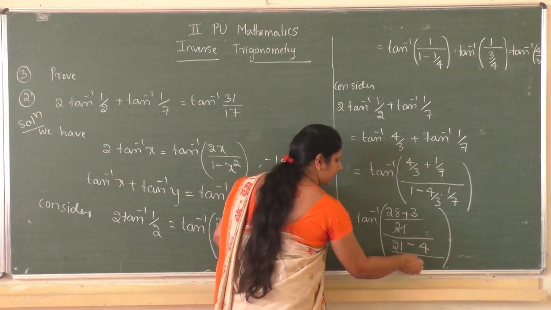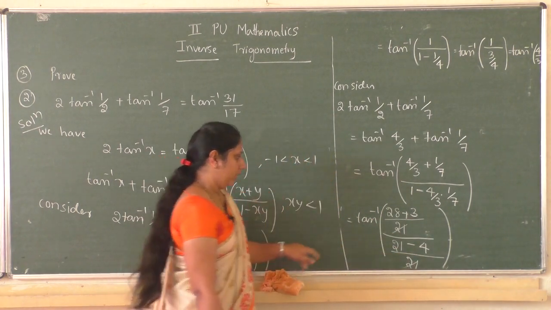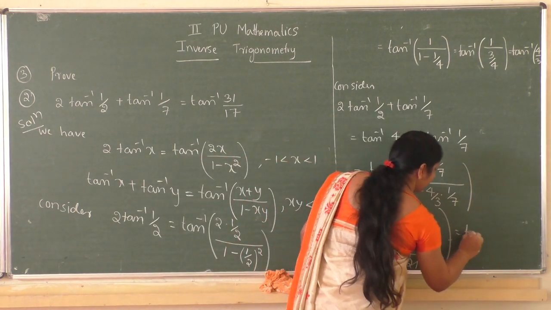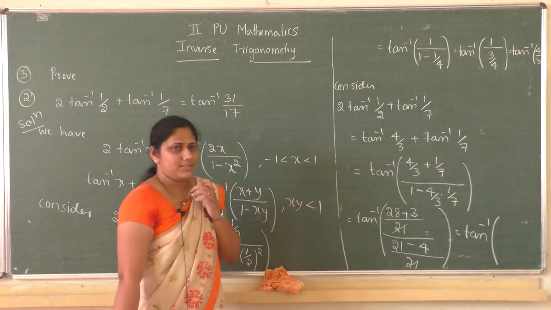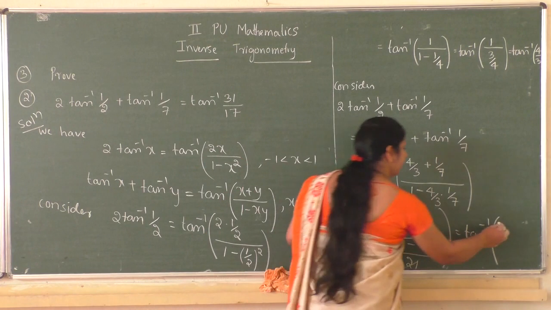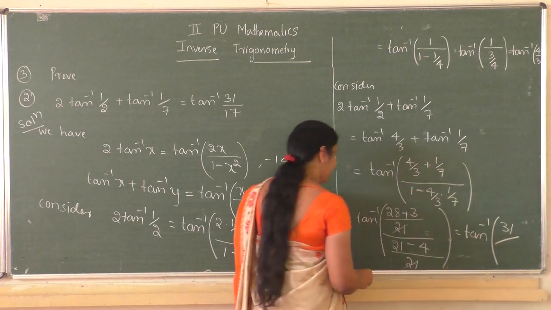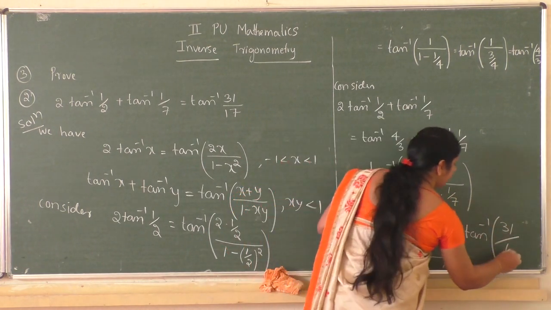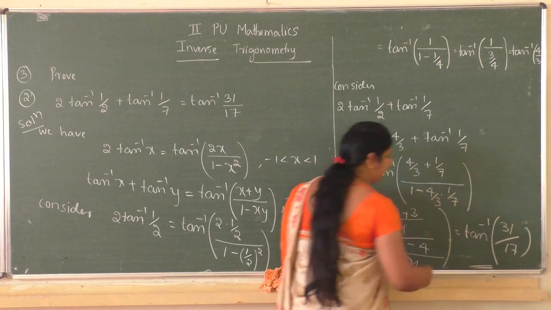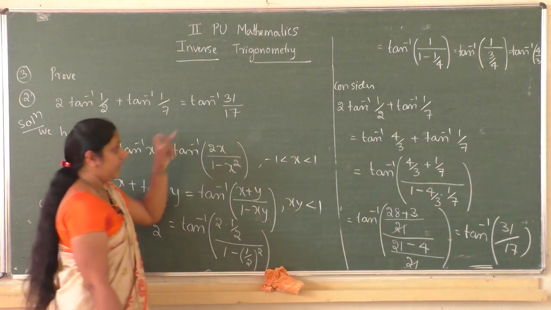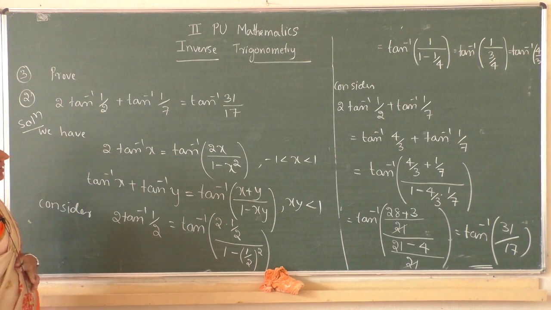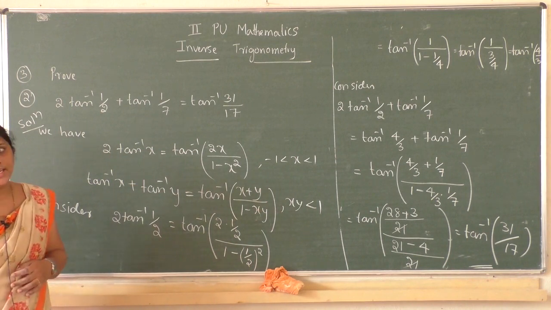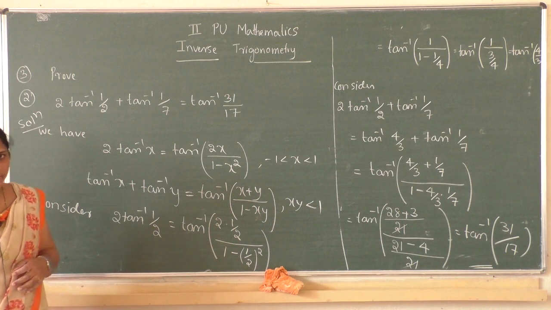Now this 21 gets cancelled. What are the remaining terms? Tan inverse of 28 plus 3, that is 31, divided by 21 minus 4, that is 17. So this is the required right hand term. So 2 tan inverse half plus tan inverse 1 by 7 is tan inverse of 31 by 17.